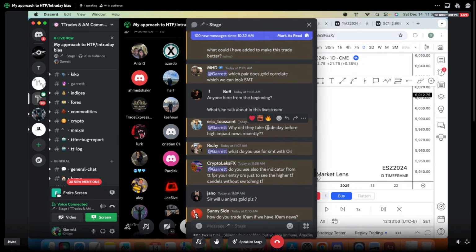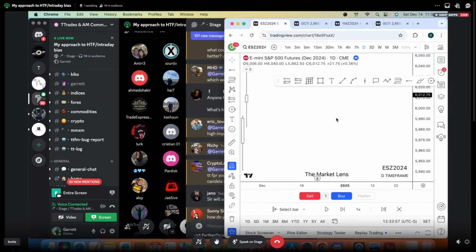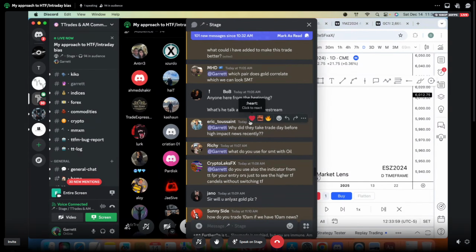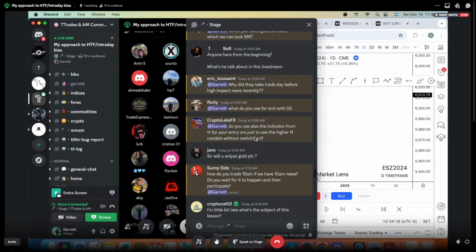Why do they trade the day before high impact news? I mean, it's just an if-then process. If the previous day manipulates, then we can expect the next day to expand. It's literally just if-thens. The market is just manipulation and expansion, and that's the way I look at it. So I can use that economic folder as confluence for expansion the next day away from the manipulation.